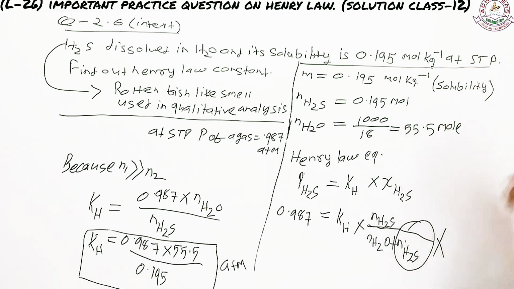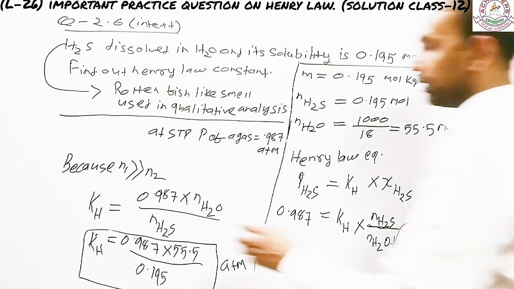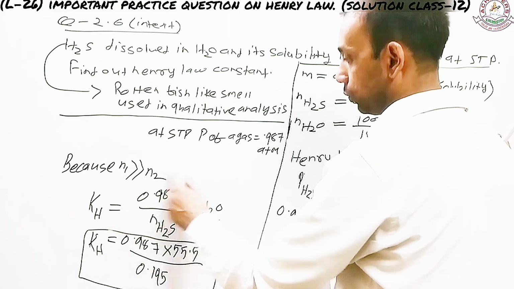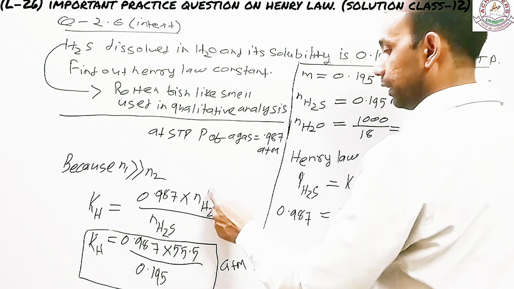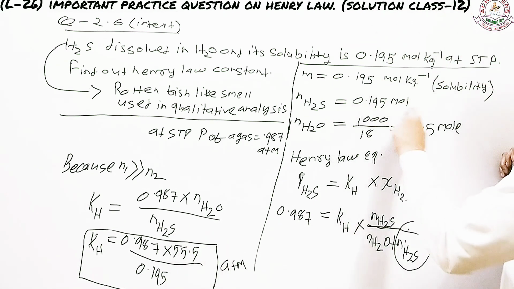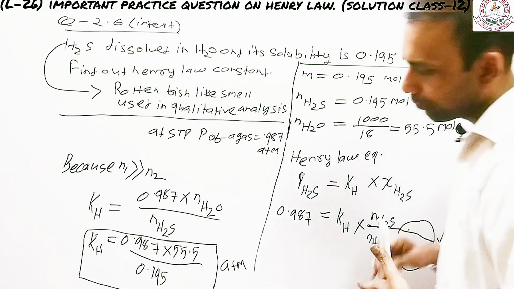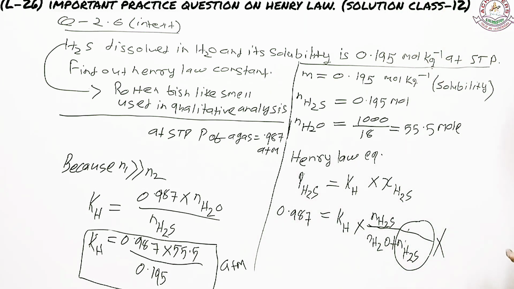This I have ignored because it doesn't affect the calculation, and it is always useful for a dilute solution to ignore the number of moles of solute in the calculation of the mole fraction. I mentioned the reason: n1 is much greater than n2. After that, you place nH2O as 55.5 mole and nH2S as 0.195 mole. Once you solve it, that's going to be the KH of hydrogen sulfide. So this is how the Henry law constant is calculated.